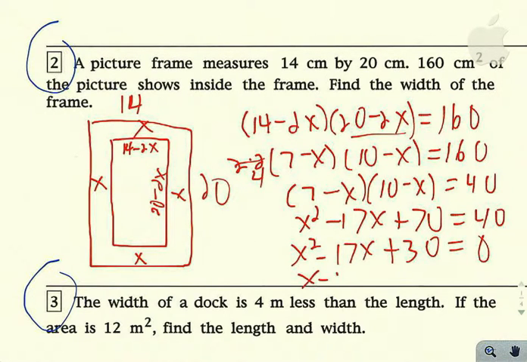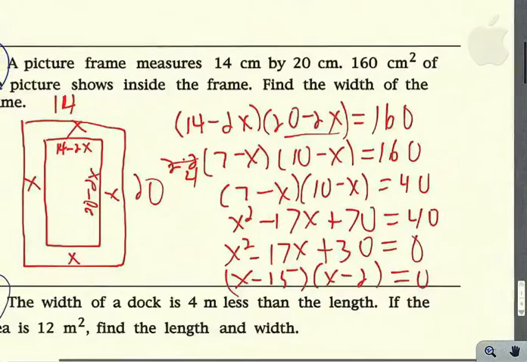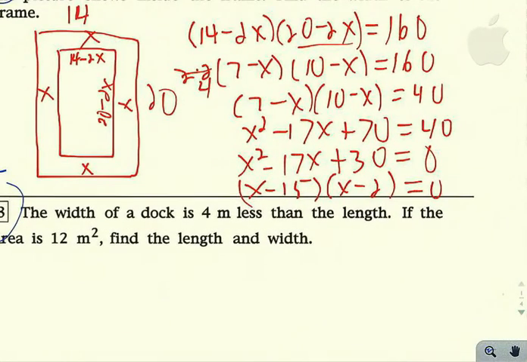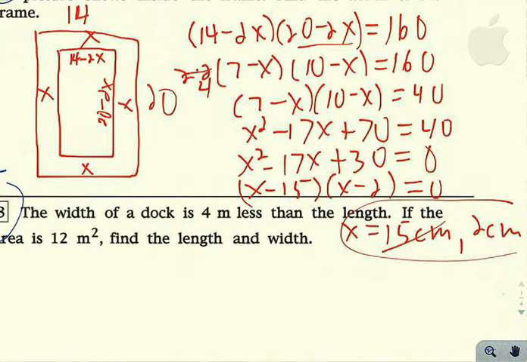Well, that would be minus 15 and minus 2. So x would be 15 centimeters or 2 centimeters. But the picture is only 14 centimeters wide, so it can't be 15 centimeters. It has to be 2.